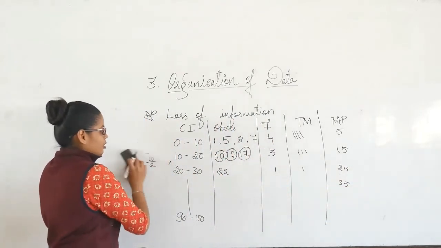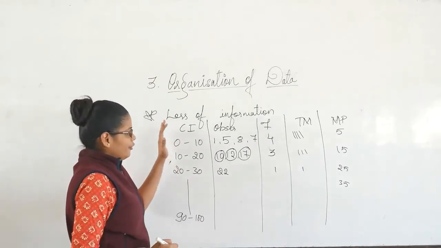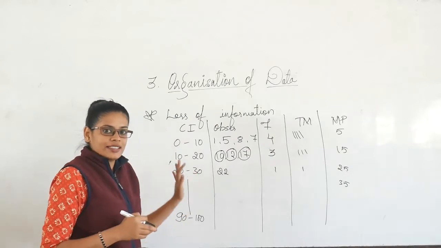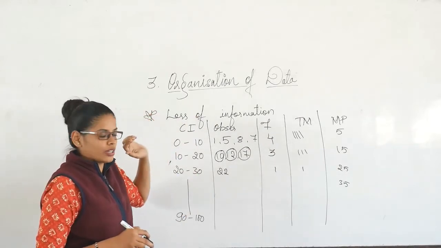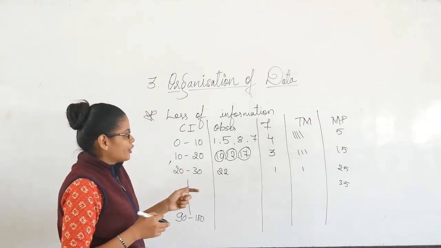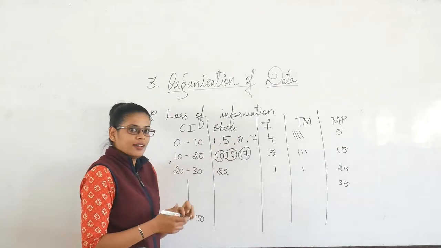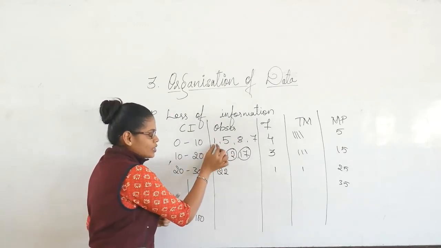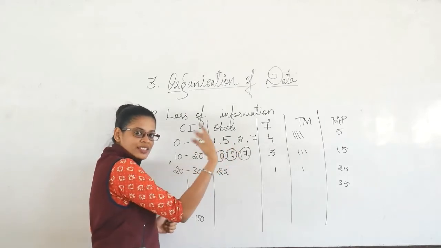Now we are talking about this loss of information, right? If you understand this table first, then we can move to the loss of information. So what is this loss of information? See, we have observations as these. A student has scored 1 mark in mathematics. This is the 5 marks which another student has scored.